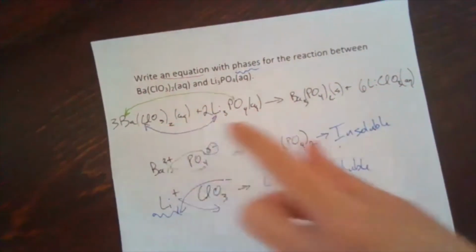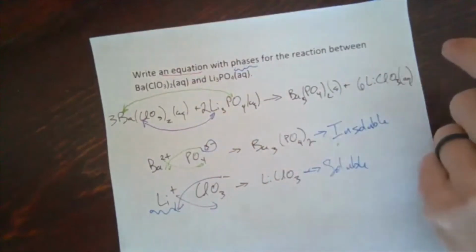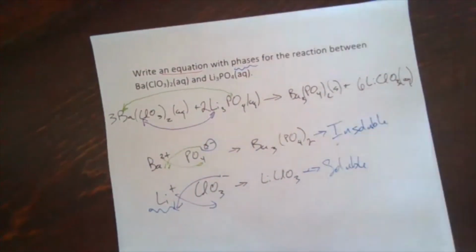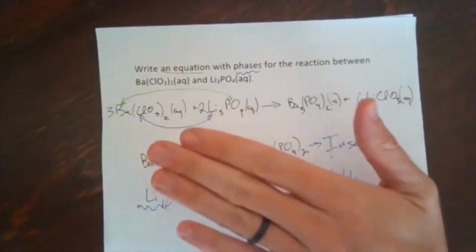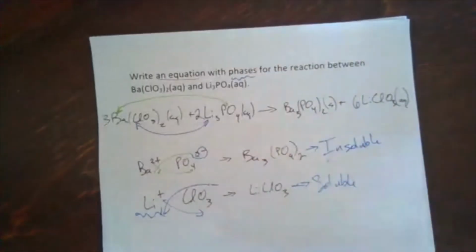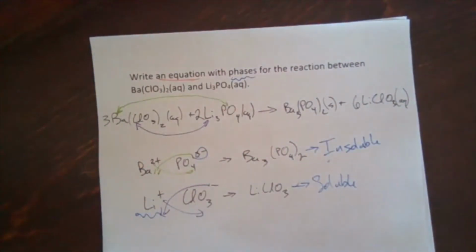Oh, that's 18 plus 8 is 26, and then another 26. So I have 26 oxygens on each side. Yeah, that's right. Usually you can show a bit more work, but I'm just going to be brief. You can show the work for balancing, but so there we end up.